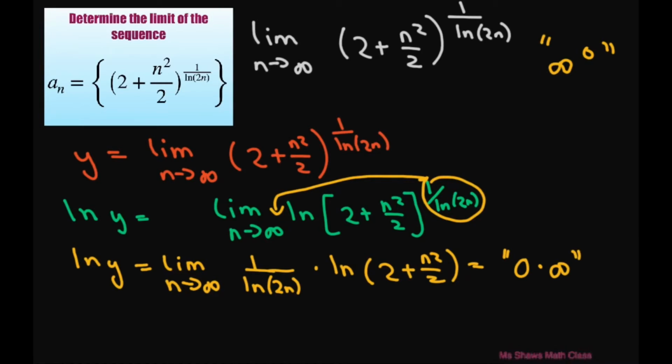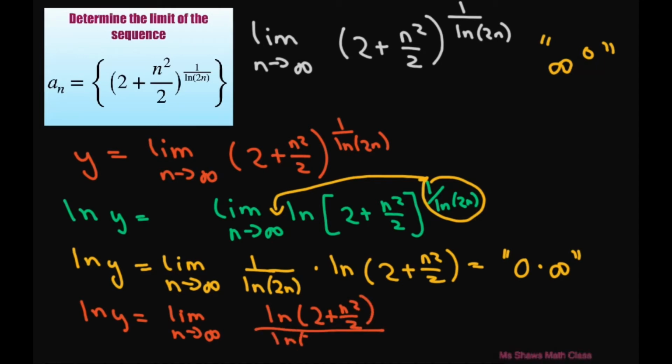So let's go ahead and rewrite this as a fraction, and we're going to write it as ln of y equals the limit as n approaches infinity of ln of 2 plus n squared divided by 2, divided by ln of 2n.